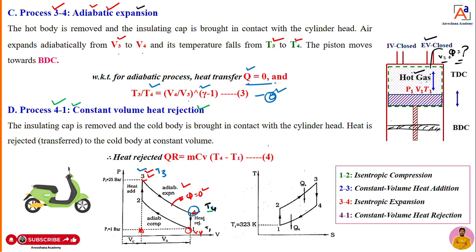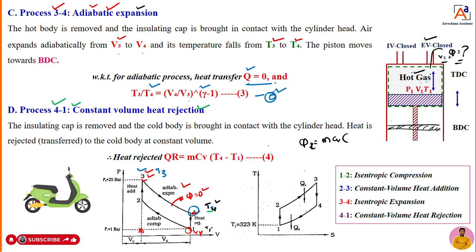Now heat is getting rejected. How much heat is getting rejected? That we can calculate with the help of an equation. We know already the general equation for heat rejection. QR is equal to mass of hot gases into specific heat of gas at constant volume into change in temperature. What is the change in temperature here?